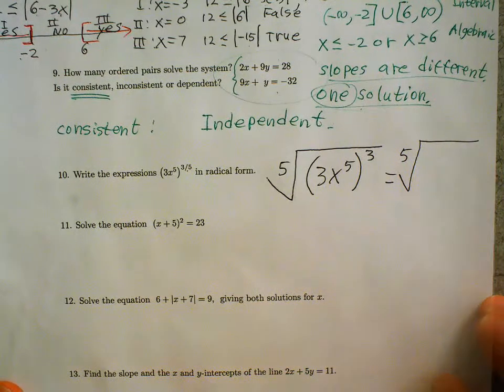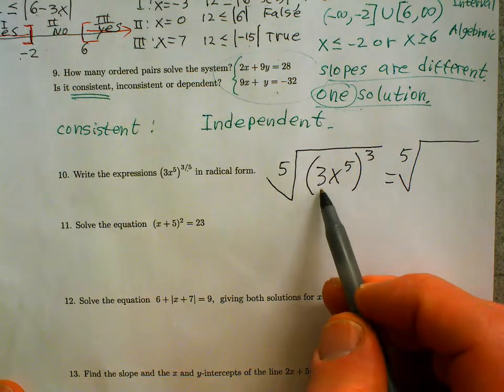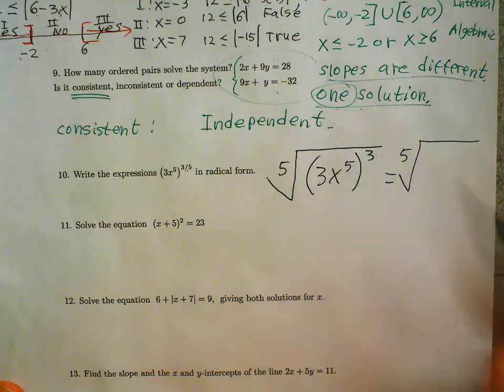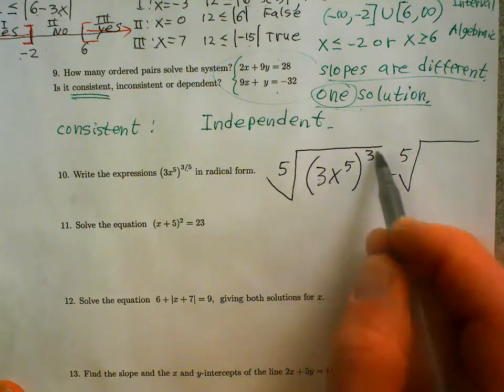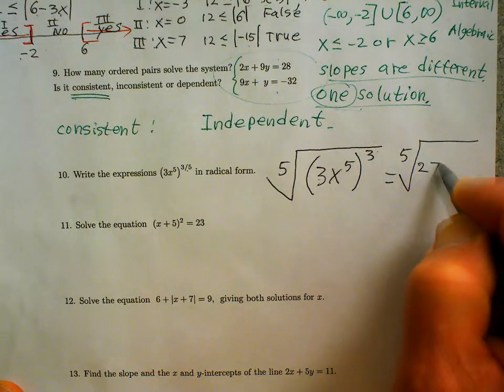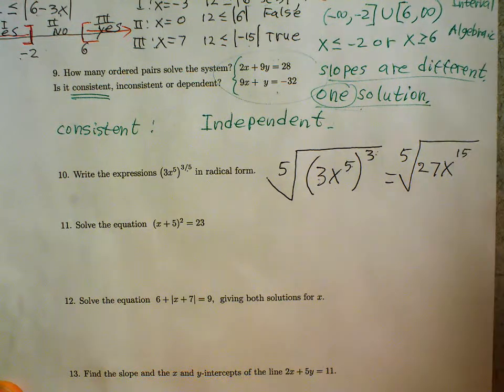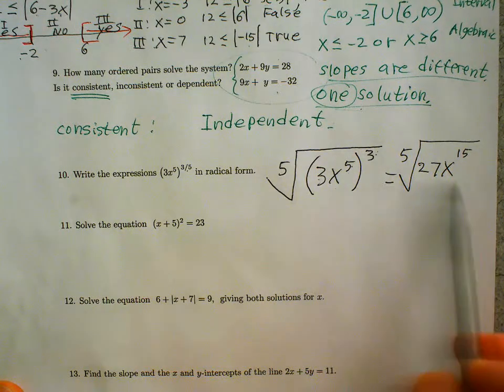So in other words, the term 3x to the fifth all to the third is 3 to the third, which is 27, and then x to the 3 times 5, which is x to the 15th. So these are equivalent.